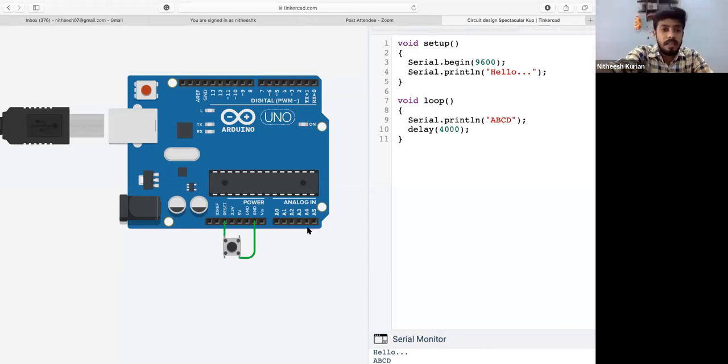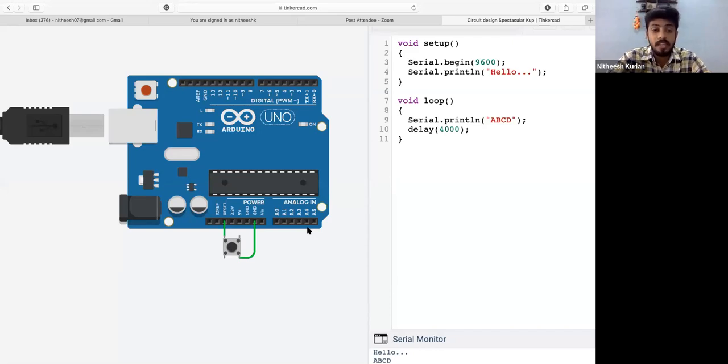In the case of a light sensor or LDR, LDR stands for light dependent resistor, because the resistance of that sensor will vary in accordance with the light intensity falling on the sensor. Very important: it is not varying the voltage, it is not varying the current.